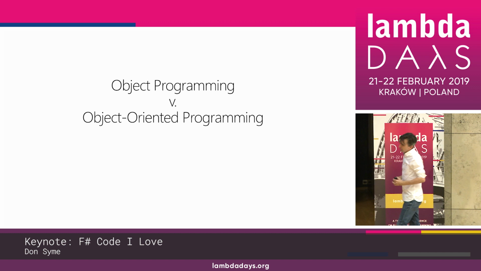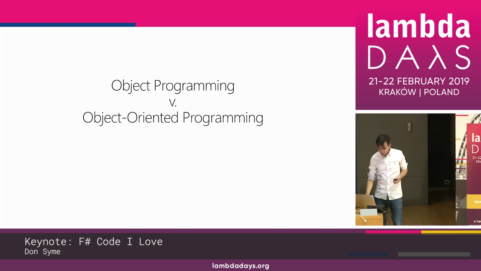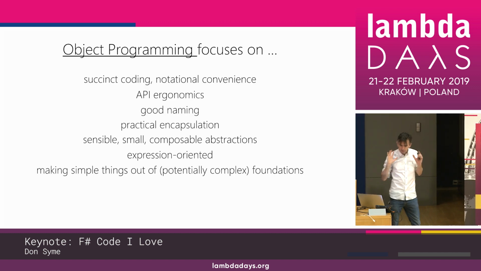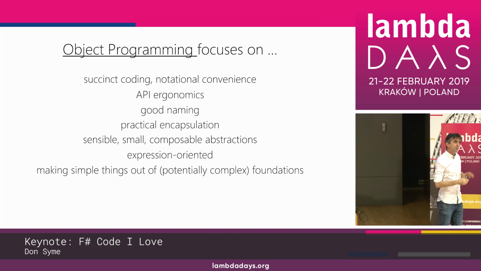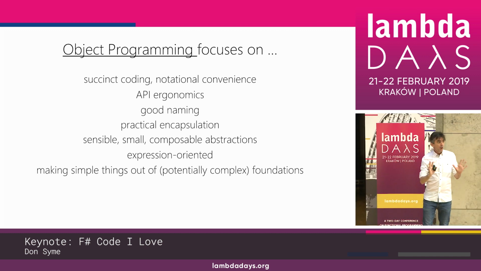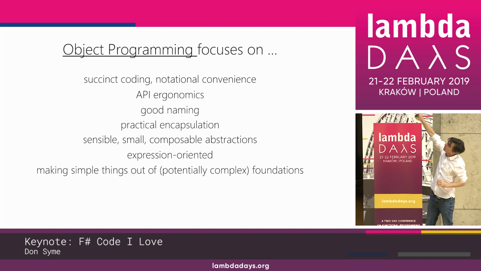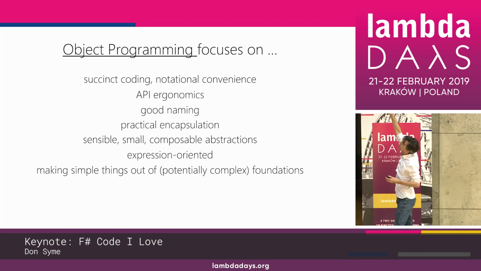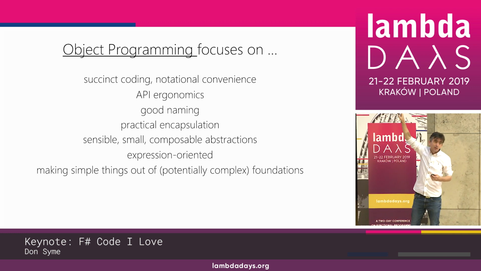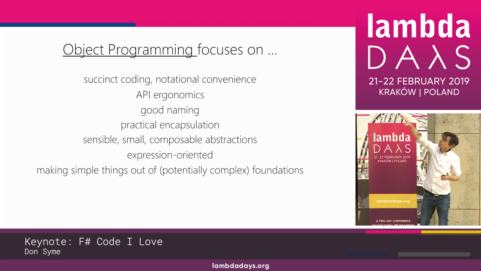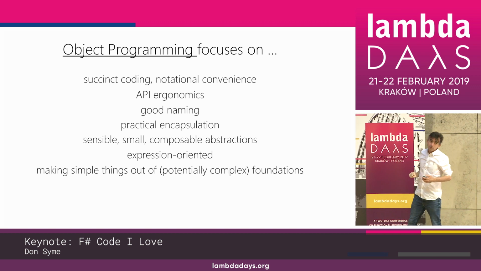I'm willing to embrace that, but it is not an object-oriented programming language. And object programming has lots of positive virtues, and we should be willing to embrace it appropriately. That's good API design, good naming, practical encapsulation, composable abstractions, expression-oriented, and crucially, making simple things out of complex foundations.